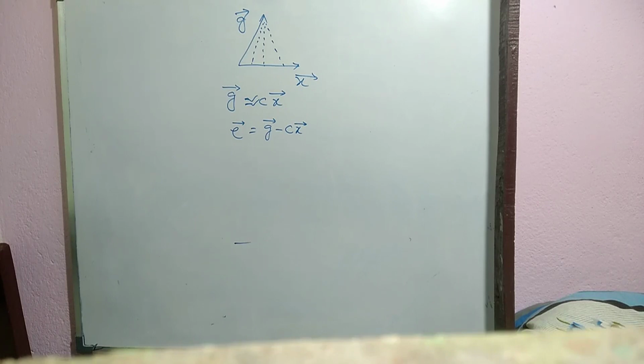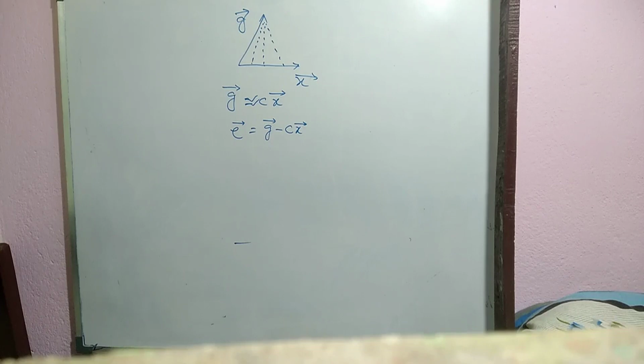This error signal and its energy, you can see from the board also, we have plotted three dotted lines, and among these three dotted lines, the shortest one is the perpendicular line.